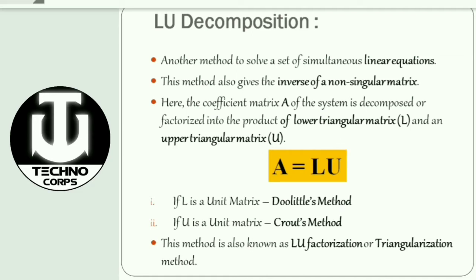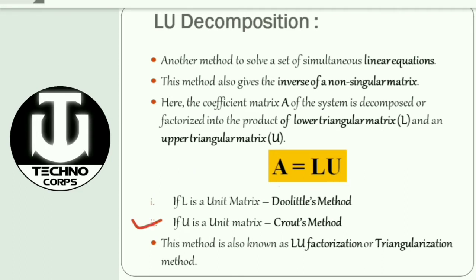According to that, there are two names of the method. If L, the lower triangular matrix, is a unit matrix, meaning you will get unit magnitude elements in the diagonal, then that method is known as Doolittle's method.